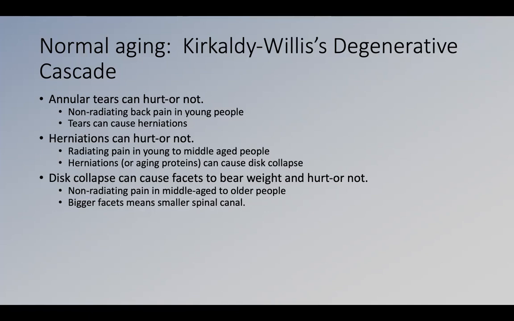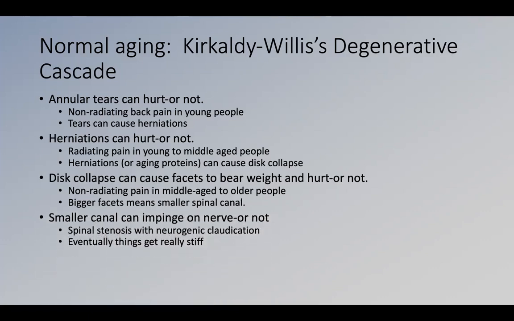Now, guess what? When you have bigger facet joints, there's a smaller spinal canal, right? That causes impingement of the nerve, or maybe not. So we're going to have a long discussion about spinal stenosis, radiologic spinal stenosis, which means the spine canal is small, versus this disease, which is called spinal stenosis, which has neurogenic claudication, okay?